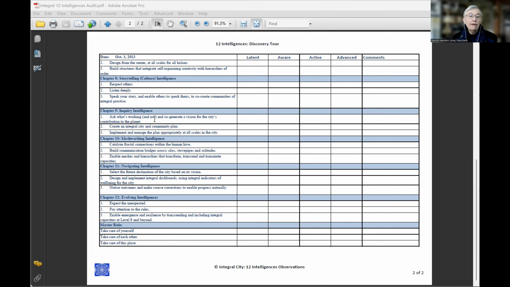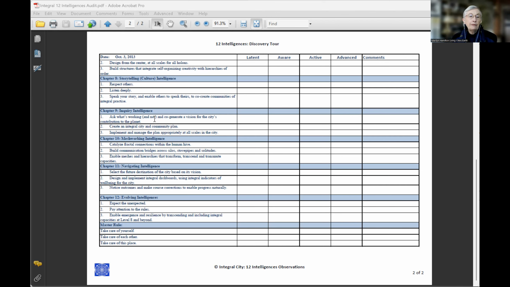And when I'm looking for evidence of this, I look for how are we catalyzing fractal connections within the human hive. This means, once again, how are we bringing together the individuals and the groups they belong to, say in their organizations or workplaces, into their communities and other ways that they connect together in various fractal ways within the city.